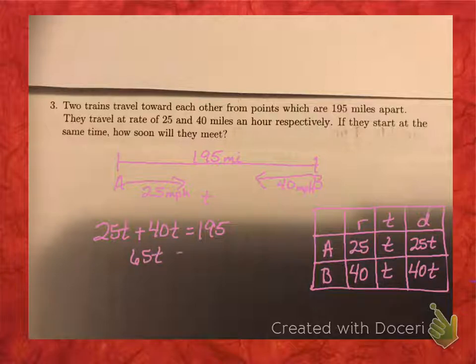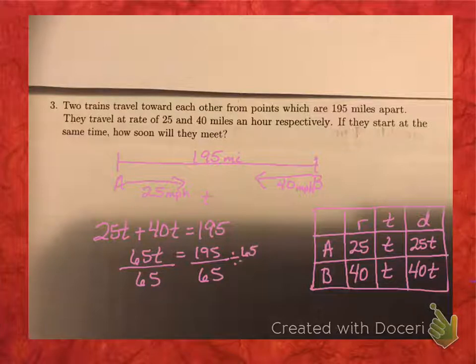So 25 and 40 is 65. Divide that by 65. And we can figure out that 195 is a multiple of 65. So T is equal to 3 hours. Not too bad.